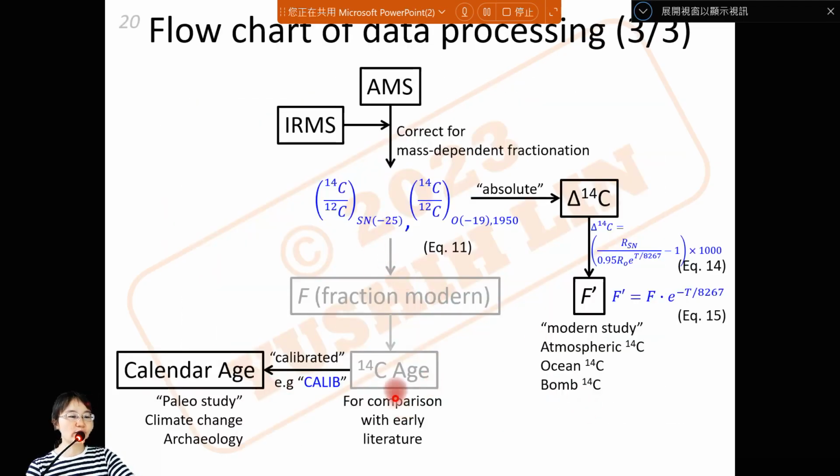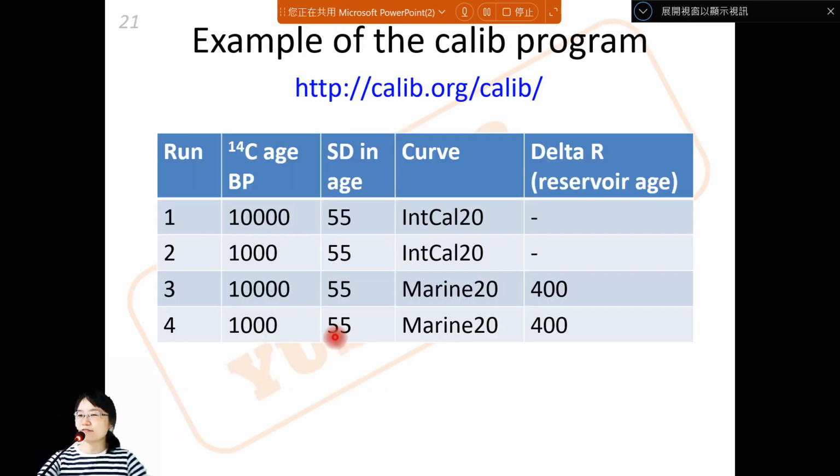Therefore, when you want to calculate from C14 age to calendar age, for climate change, archaeology, and paleo study, you need to do the calibration. And how do you do that? You use an online program called Calib. If you have a computer, you can open it and we can play around with it.